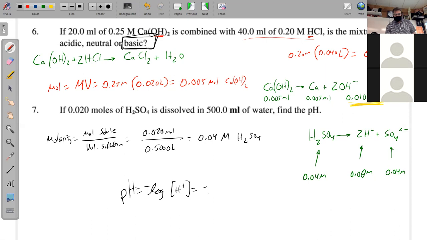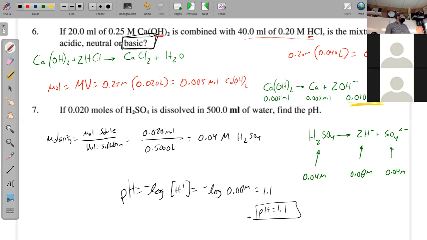So if you take negative log of not 0.04 molar, but 0.08 molar, negative log 0.08 is 1.1. So it's a pH of 1.1.